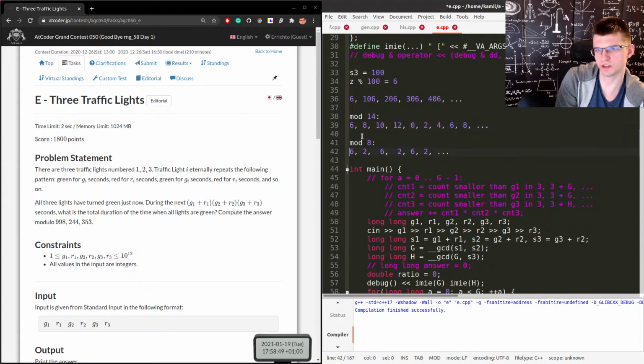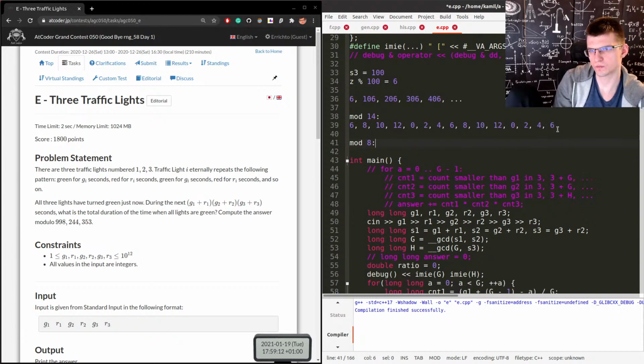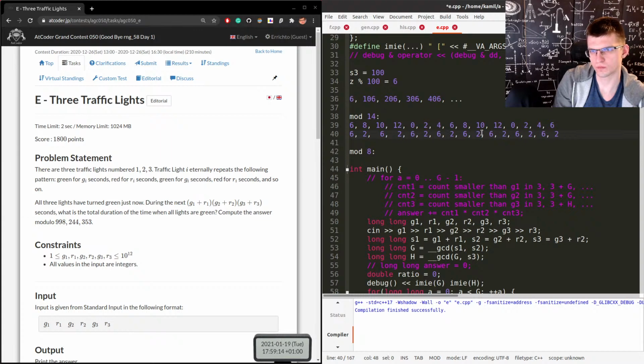No, of size 14. Cycle, but that's 10, 12, 0, 2, 4, 6.